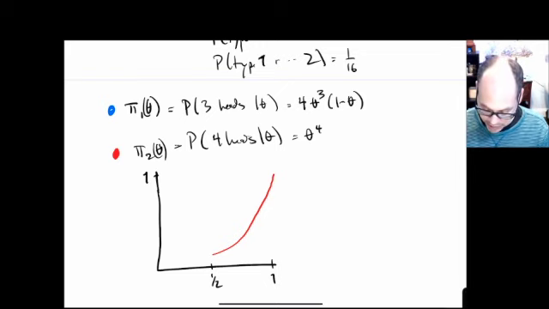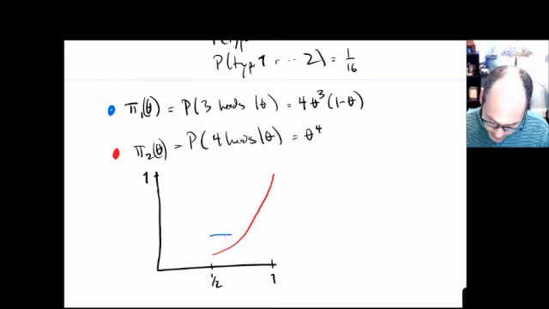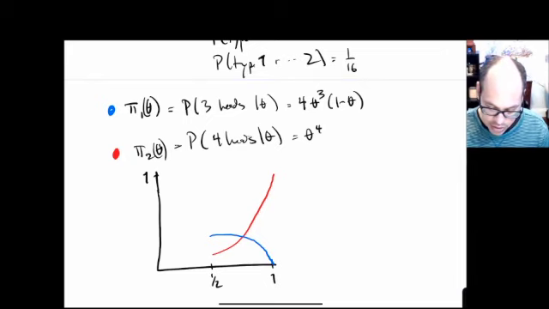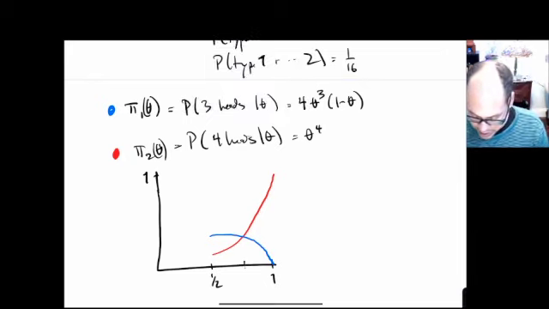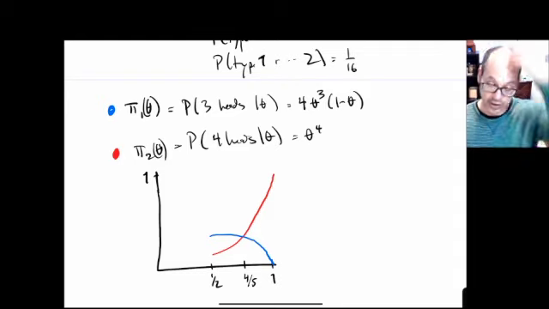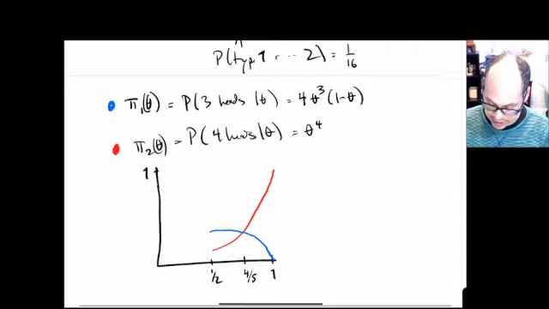That starts out bigger and kind of comes down. They cross, I didn't actually calculate it, at around 0.8 or so, like 4/5. It's not really drawn very well to scale, probably, but whatever.